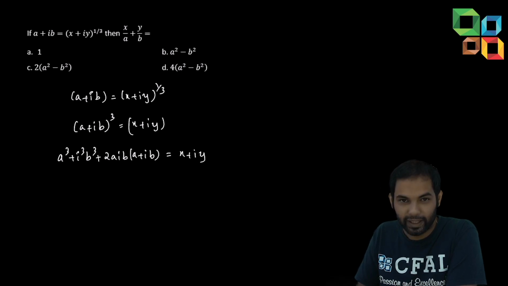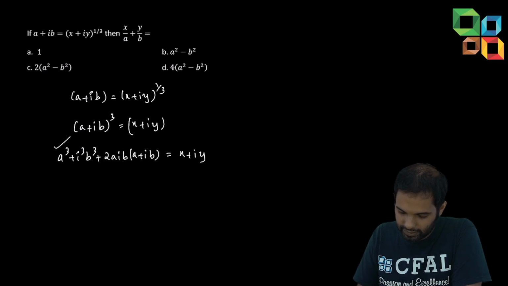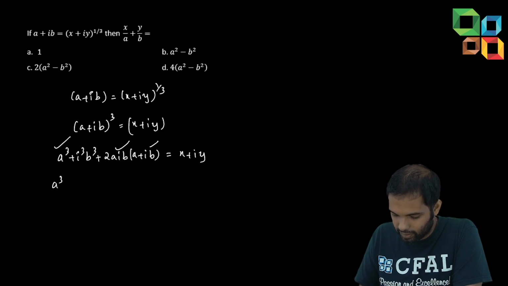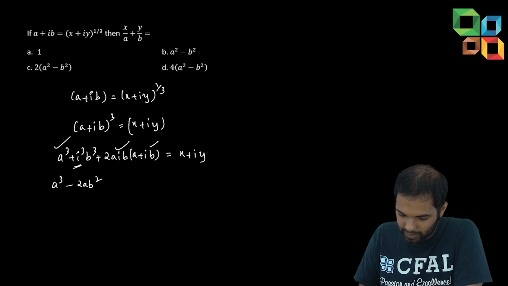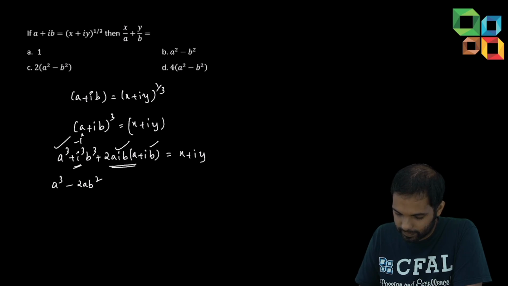Okay. Let me combine all the real parts. This is one of the real parts, and if I multiply these two, I'll get the other real part. So it's a cube, 2ab into b is 2ab square. Since i square will be minus 1. Okay. The remaining is i. So this i cube is nothing but minus i. And the remaining term is here. So I'll take plus i outside.